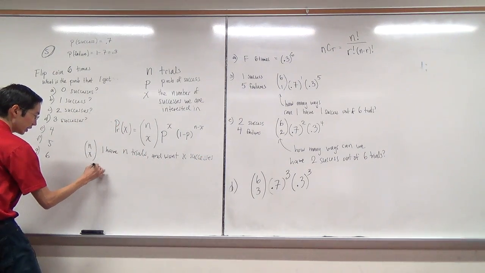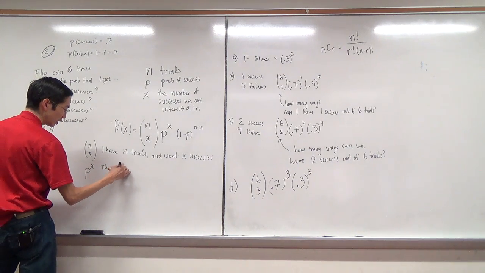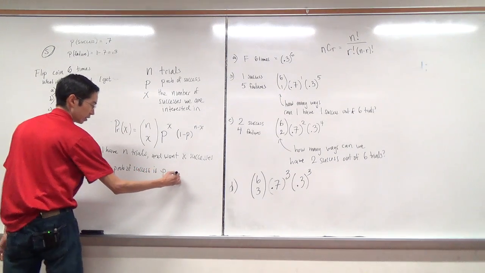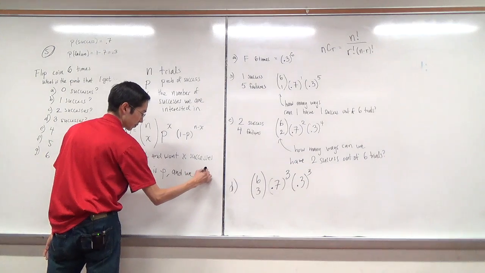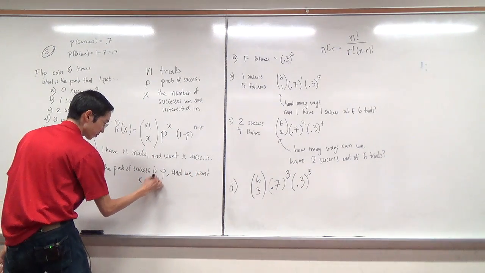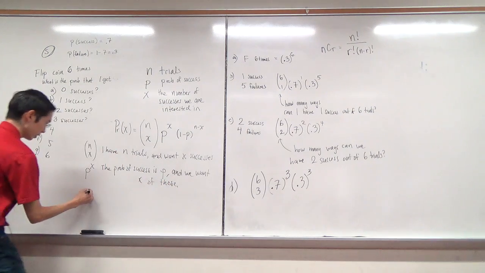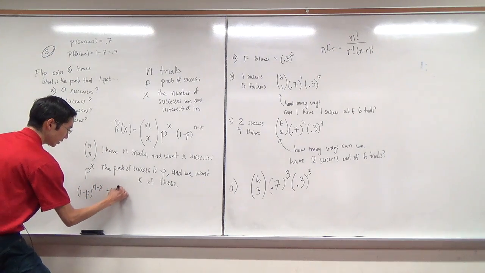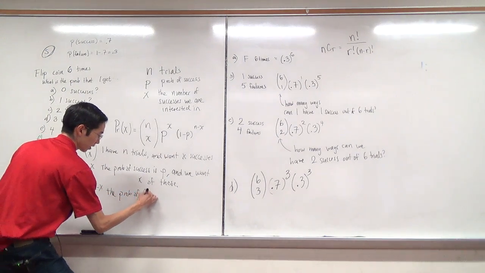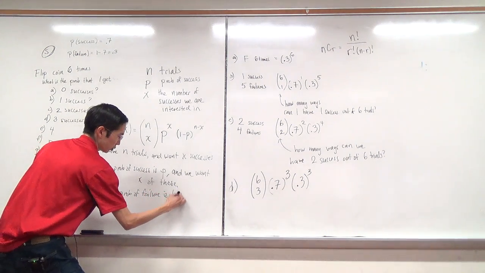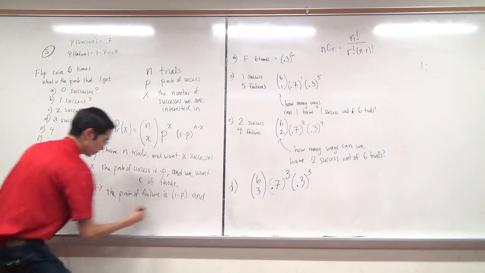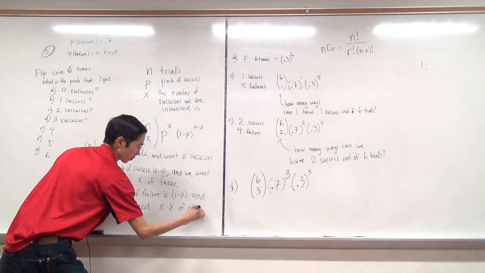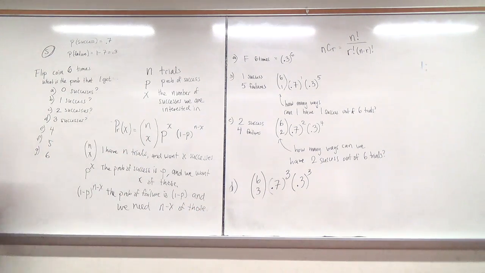And then when you write p to the x, say the probability of success is p, and we want x of those. And over here, 1 minus p to the n minus x, probability of failure is 1 minus p, and we need n minus x of those. So that's how they all go together.